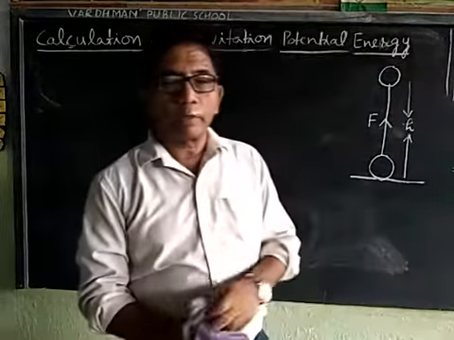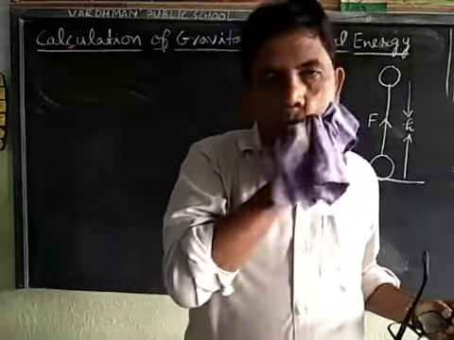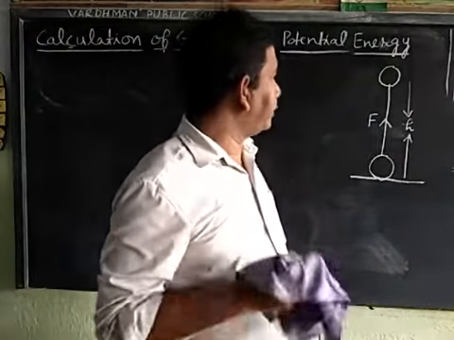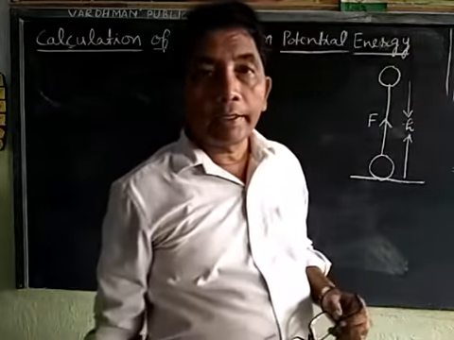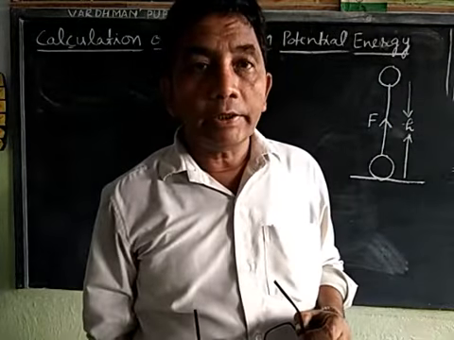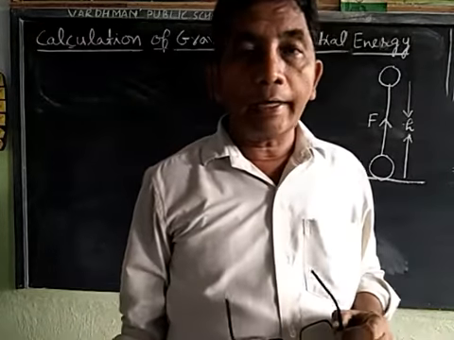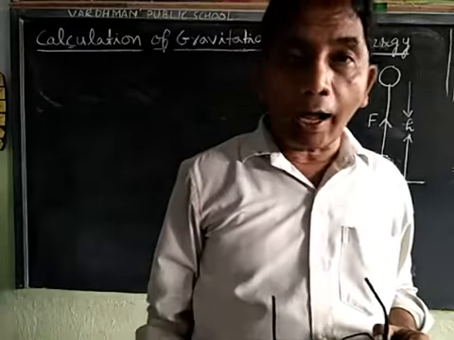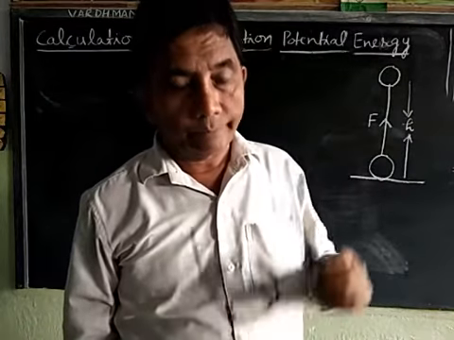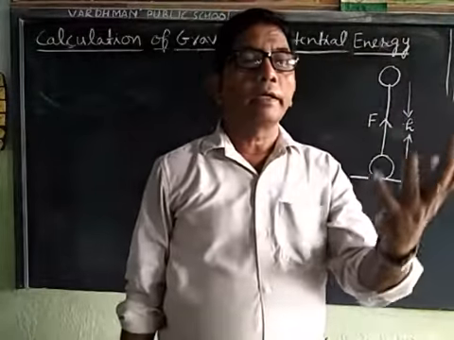Let m be the mass of the body and g be the acceleration due to gravity and h is the height above the surface of earth.